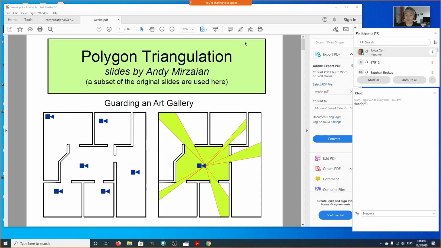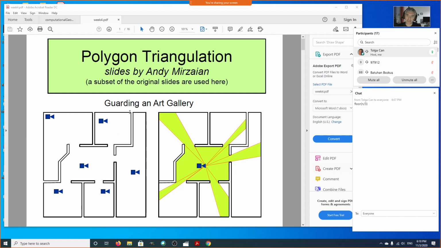So let's ask this question. If I have an n-gon like this, a simple polygon with n vertices, and I triangulate it such that the inner parts are all composed of triangles, I will do that by drawing diagonals from vertex to vertex, and a diagonal will be a line segment which is also entirely inside the polygon.